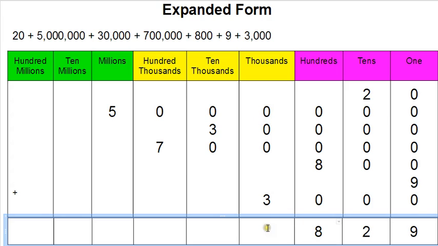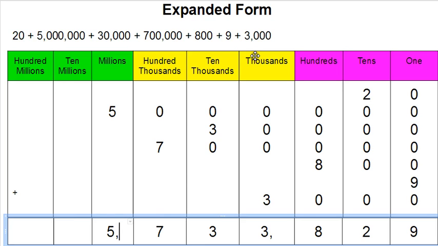All these zeros plus 3 is 3. I'm going to put a comma after the thousands because I'm going in between periods. Then 0 plus 3 plus 0 is 3. 0 plus 7 is 7. 5 in the millions place and nothing else is 5.